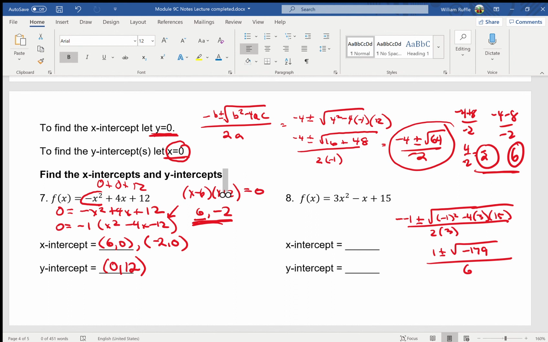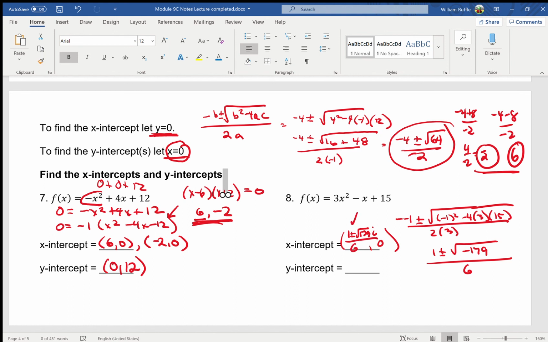So now what this means is this is going to be my x-intercept. Again, remember, we let y equal 0. So my first point would be 0. And then you can type it in this way: 1 plus or minus the square root of 179i all over 6.